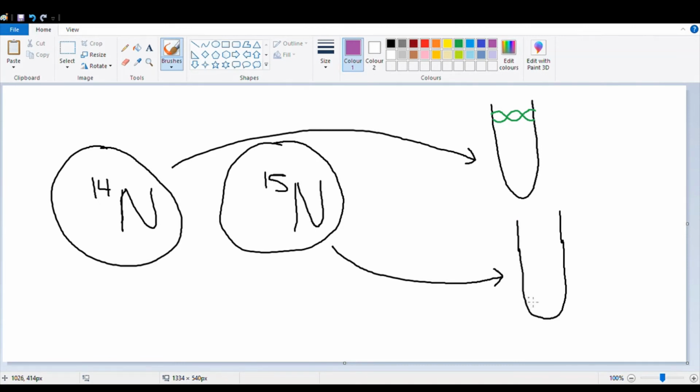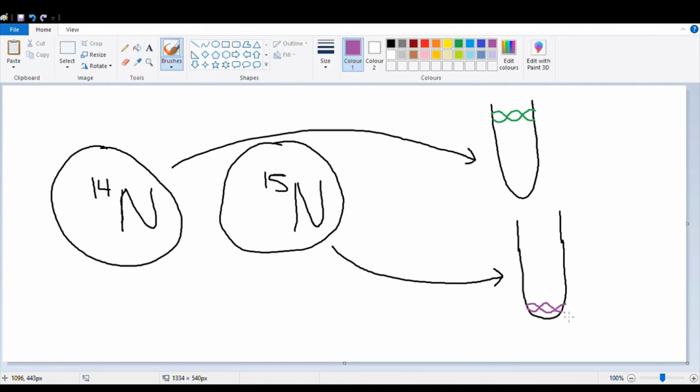Now, with the bacterial DNA sample from the heavy nitrogen broth, so that had 15N nitrogen incorporated into its DNA, they found that the DNA band formed near to the bottom of the test tube, and this is because the density of this DNA was much heavier.